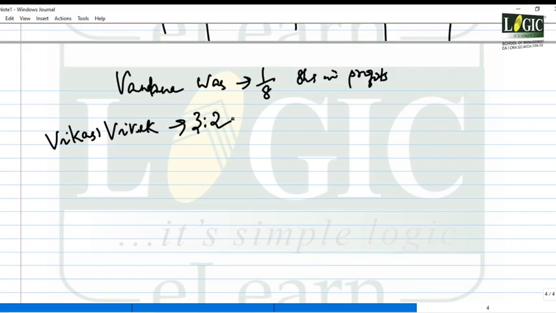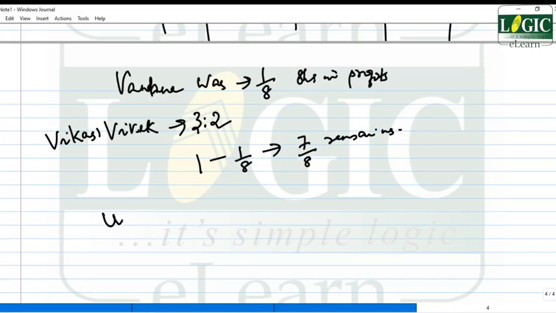Now, if total is 1, as you learn in mathematics fraction, 1 by 8 is given to Vandana. So 7 by 8 remains, right?